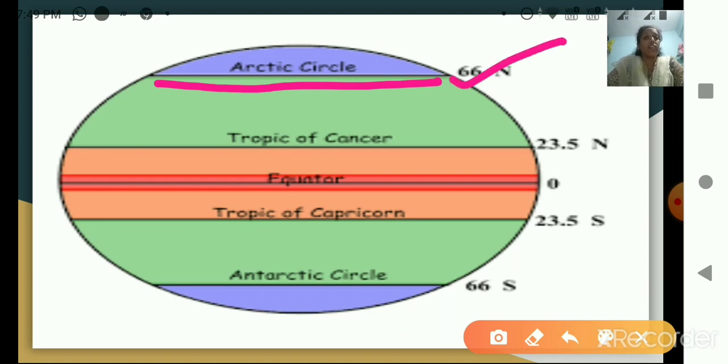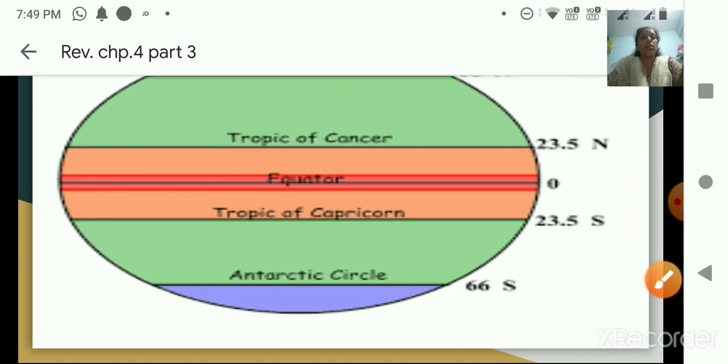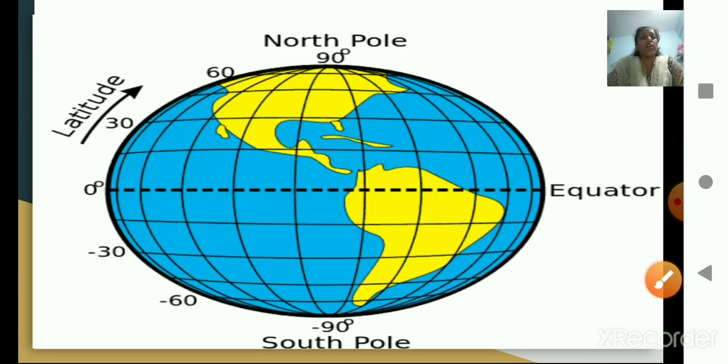Okay, then comes Tropic of Cancer. Here is the equator. Then Tropic of Capricorn, and then Antarctic Circle.